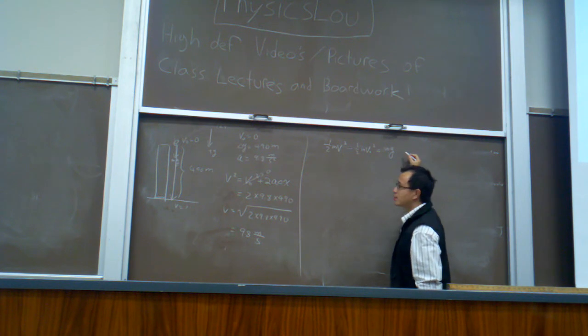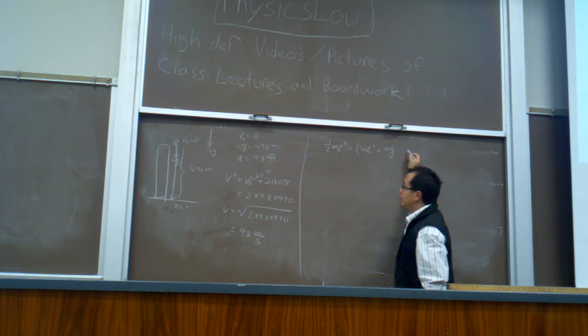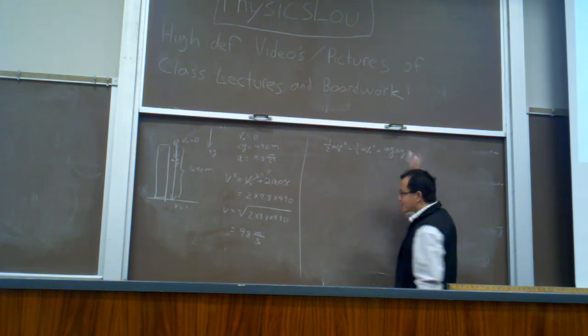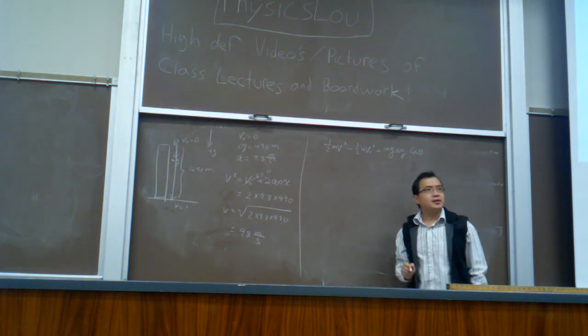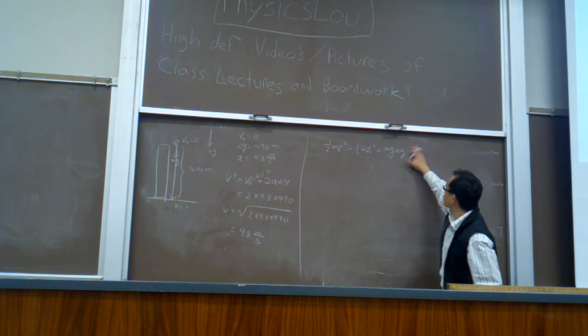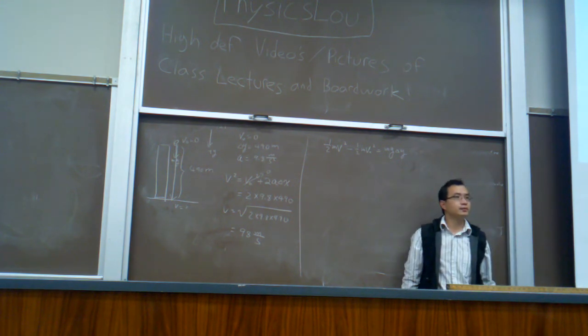The distance, what is the traveling distance in this case? It's the delta y here, right? And multiplied by cosine theta. What is the theta here? 0 degrees, so cosine theta equals 1. So the equation is simply this.